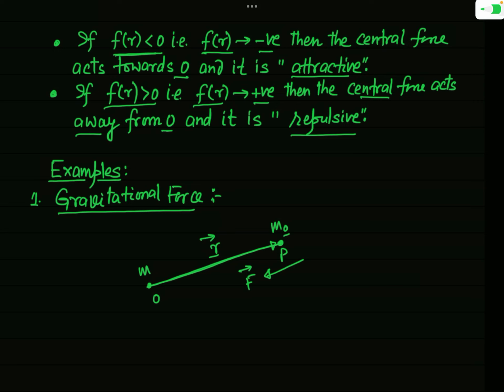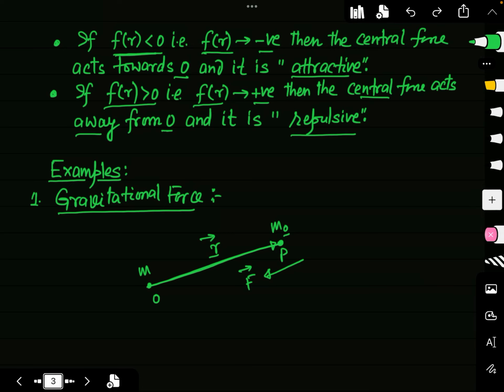And this gravitational force can be found by using Newton's law of universal gravitation. So using Newton's law of universal gravitation, you can find what will be the gravitational force acting on this point mass m0 due to this m. So write the expression. This is a very simple expression and you all know it.